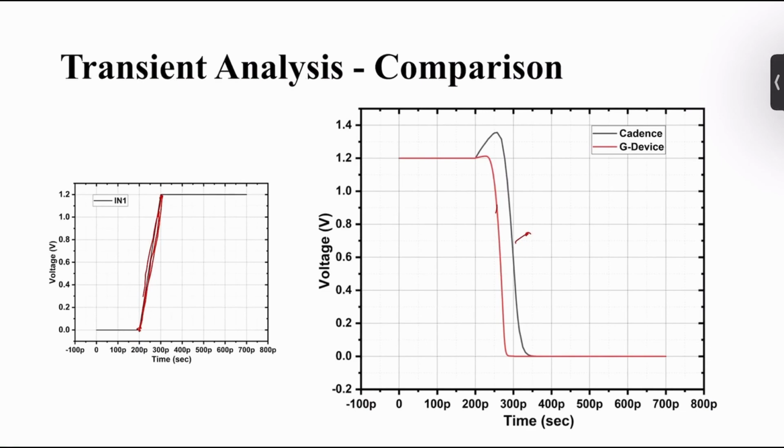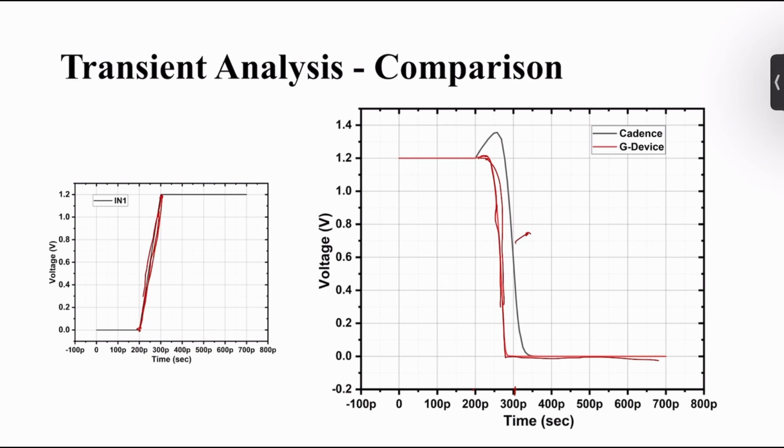Here we can see from 200 to 300 it instantly comes to 0. So the transition in G device transistors is faster than Cadence. We can conclude that our G device transistors are better than Cadence transistors because the transition is very fast.